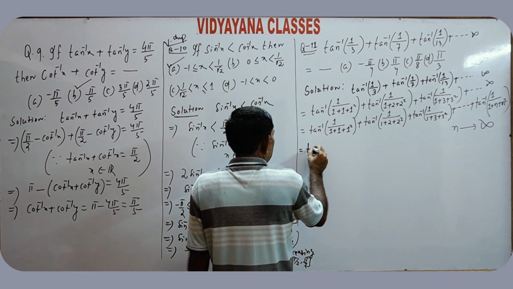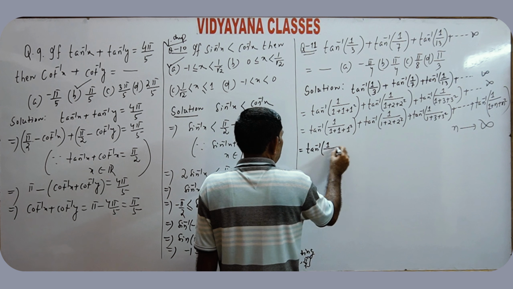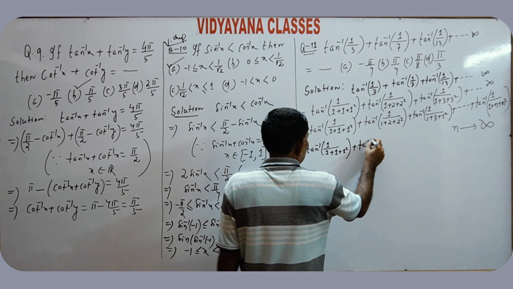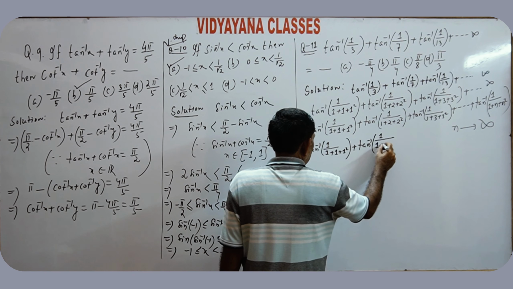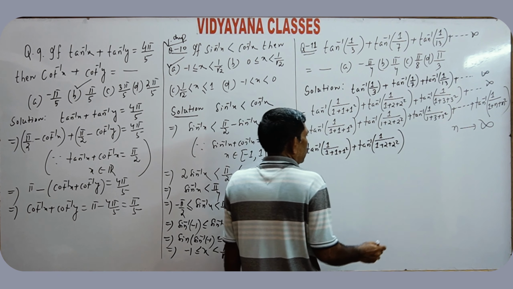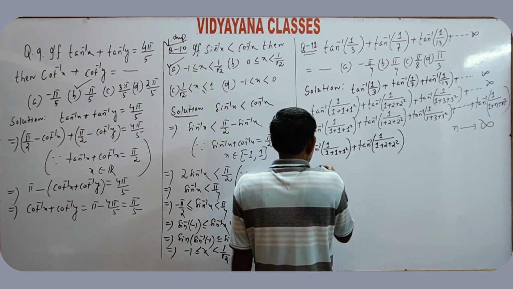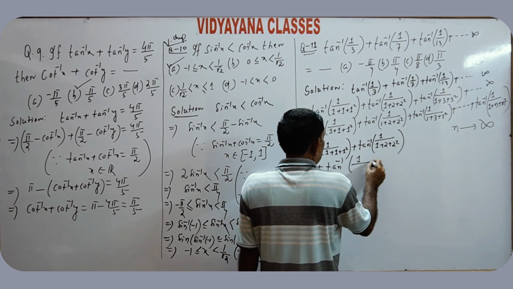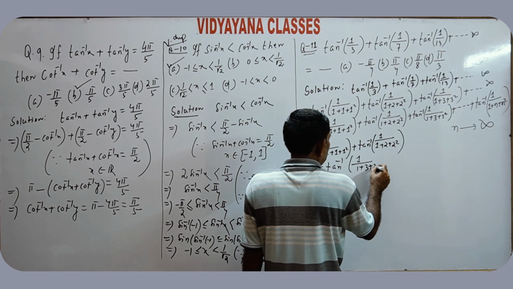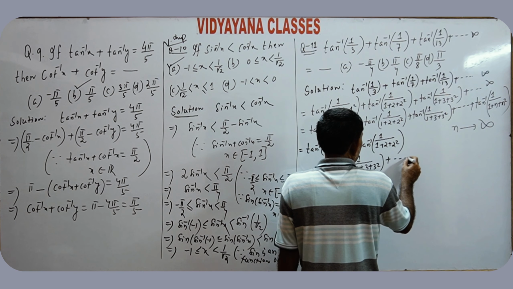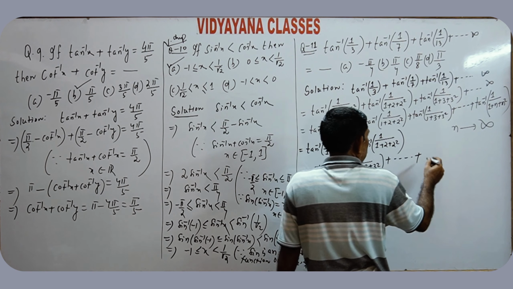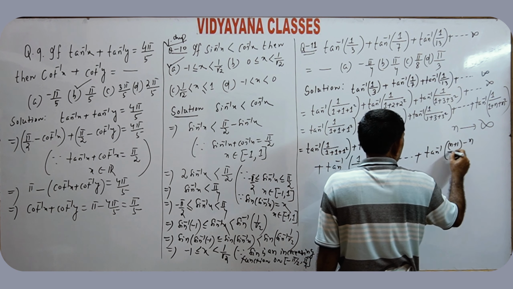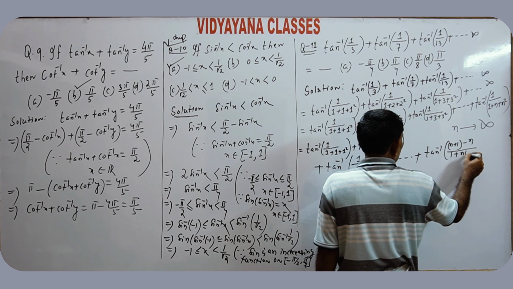Which is same as tan inverse 1 divided by 1 plus 1 plus 1 square plus tan inverse 1 divided by 1 plus 2 plus 2 square plus tan inverse 1 divided by 1 plus 3 plus 3 square plus dotted. 1 can be written as tan inverse of n plus 1 minus n divided by 1 plus n into n plus 1.